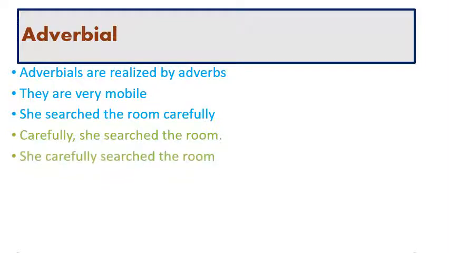You see, here it has occurred at the end of the sentence. In the second sentence, carefully she searched the room. Carefully here is at the beginning of the sentence. Then in the third one, she carefully searched the room. So you see that it can occur at the beginning, as in the second sentence, at the end, as in the first sentence, and in the middle of the sentence.